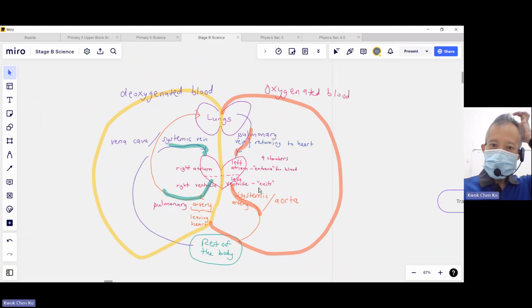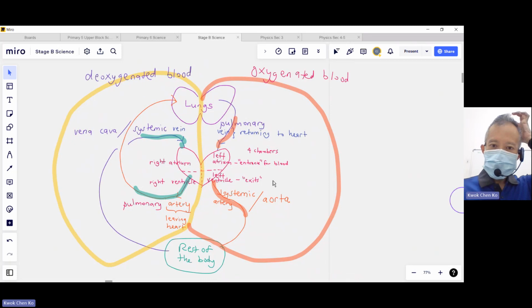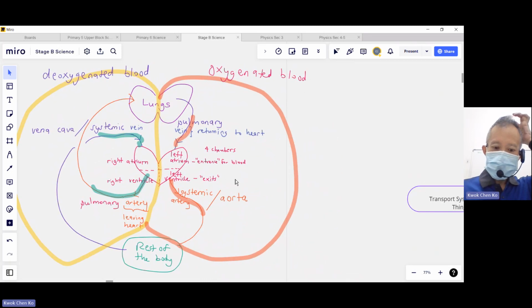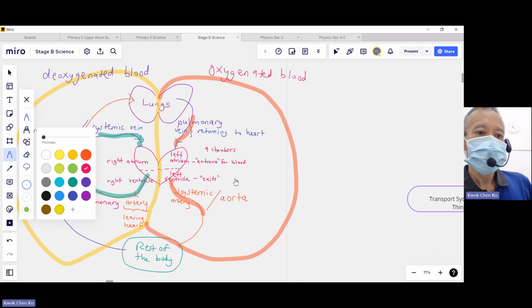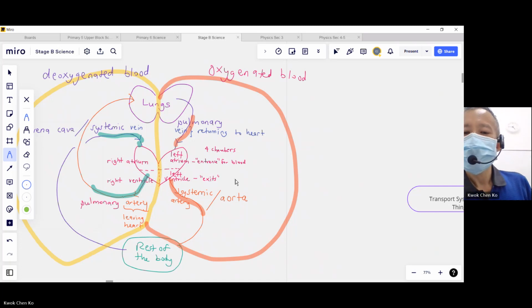But let's go a bit further. Now, by now you should notice, okay, for your level, you only need to know 3 types of blood vessels. One is, I already told you, artery, the other is veins, and the last one, Ninja, what's the last one?